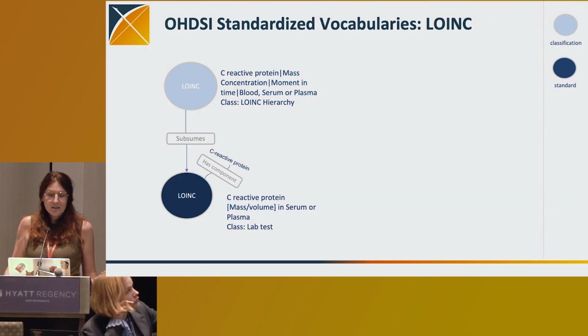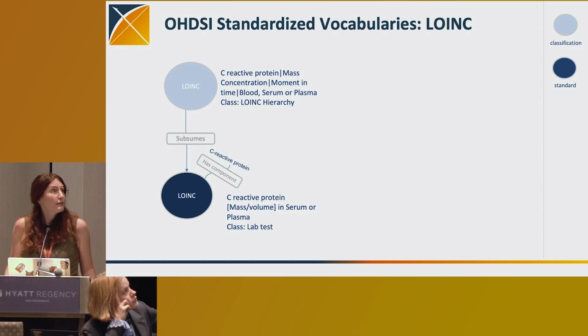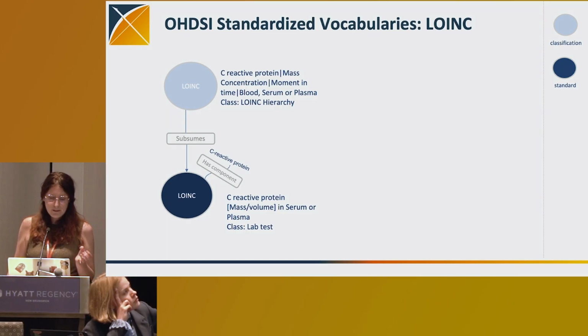On the other hand, we have LOINC. LOINC also has a hierarchy. The main difference is that hierarchical concepts in LOINC are classificational. They are not used in the data, but LOINC lab test concepts are widely used and may be present in your data, and you may see that they are very, very specific.